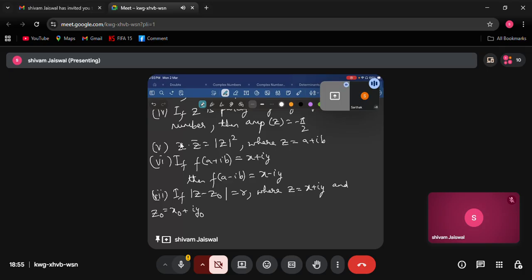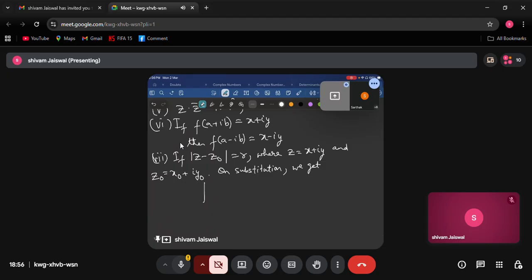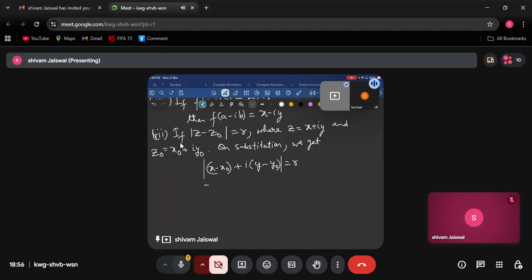Okay, then on substitution, we get mod of x minus x naught plus iota into y minus y naught equals to r. Okay, so this implies x minus x naught whole square plus y minus y naught whole square equals to r square.